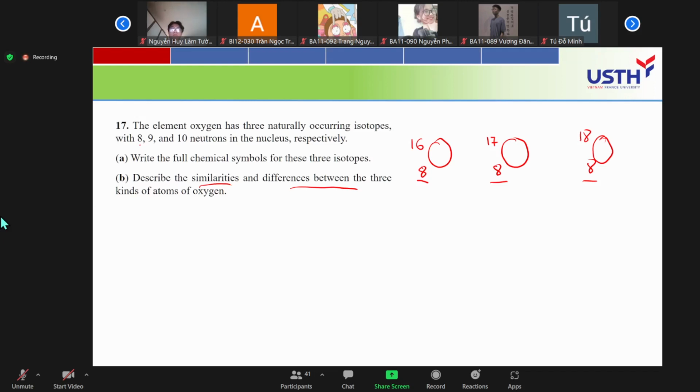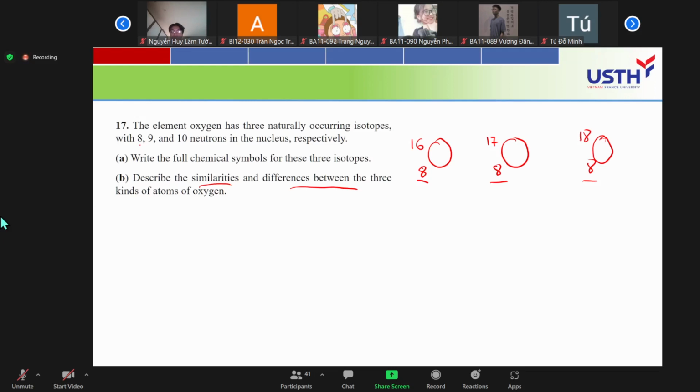The other differences in the properties of oxygen are not within the scope of general chemistry one, because the different properties of oxygen 16, 17, 18 are quite hard for you at this moment.